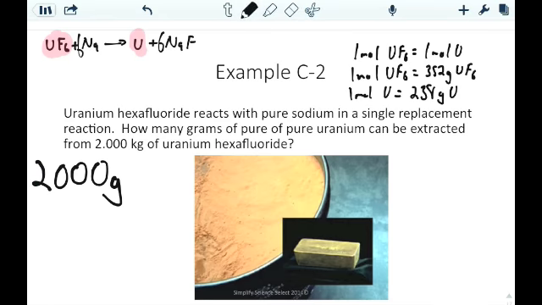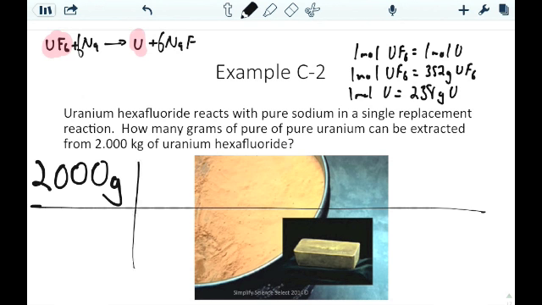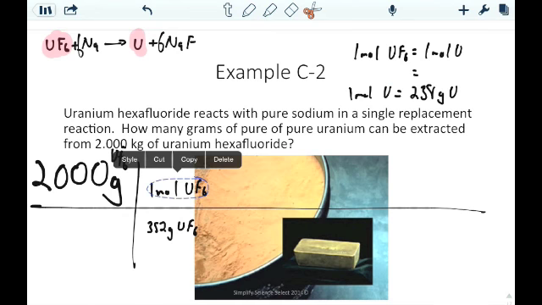So there's our 2,000 grams of uranium hexafluoride. To go from there, we need to go to moles, so that guy will go on the bottom and the other part will go on the top.